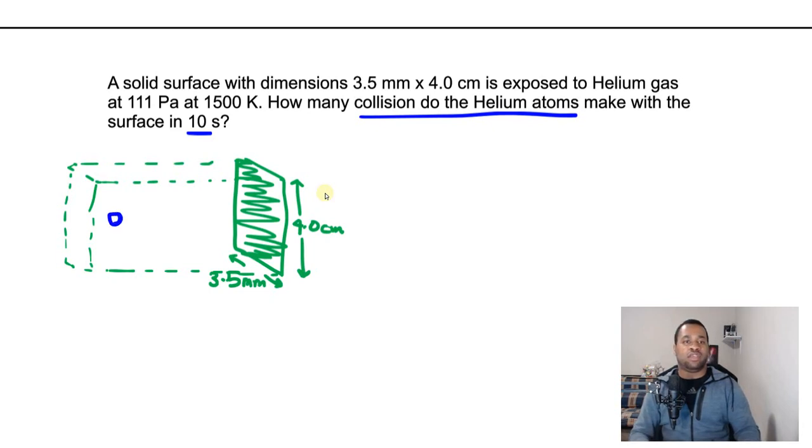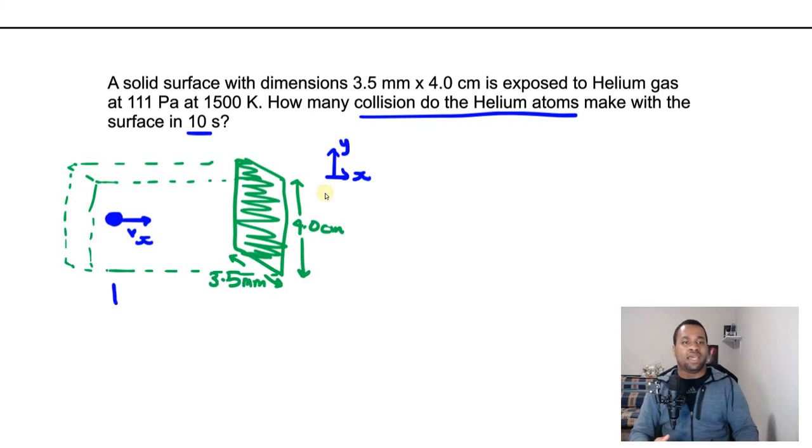Helium, which is a single atom in this case, is going to be heading towards the wall, and the velocity, represented as v at x, puts our direction along the x coordinate.